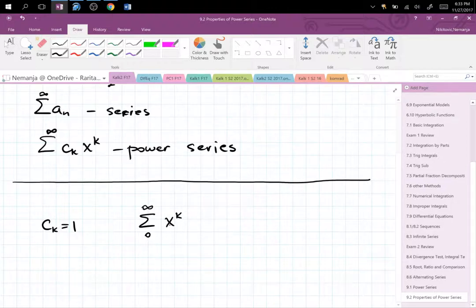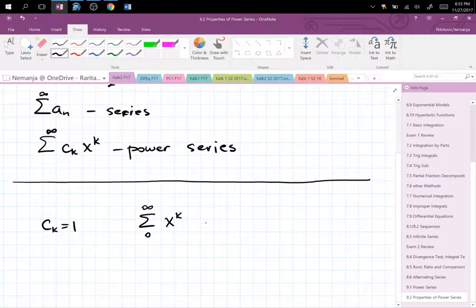Now you should know what this is from your previous chapter. What is it? It's a power series, not a p-series. It's geometric.